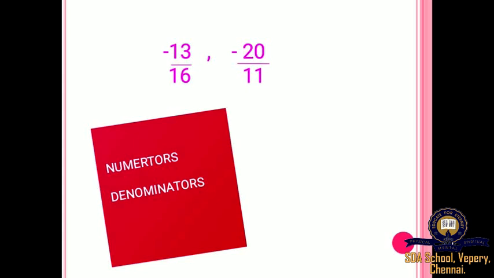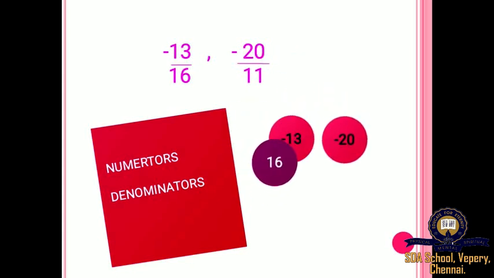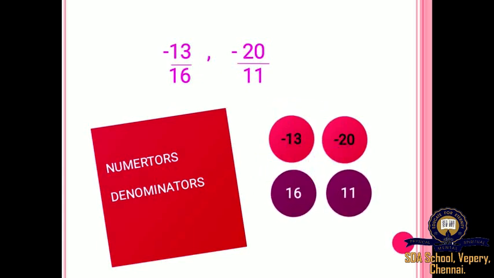The numerator is minus 13 and minus 20. The denominator is 16 and 11. You can see here the numerator is a negative integer and the denominator is a positive integer. The operations for negative fractions are the same as those for positive fractions.